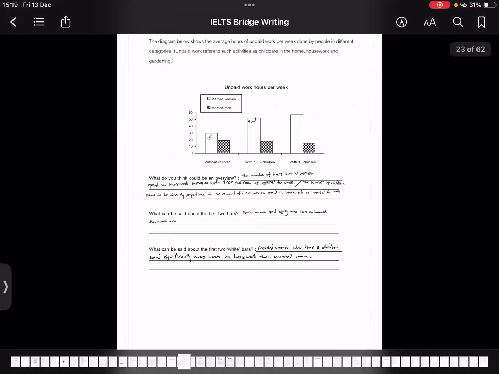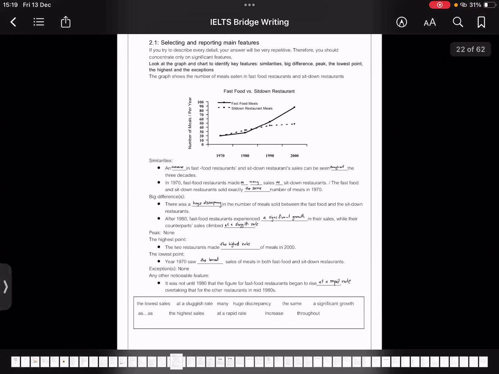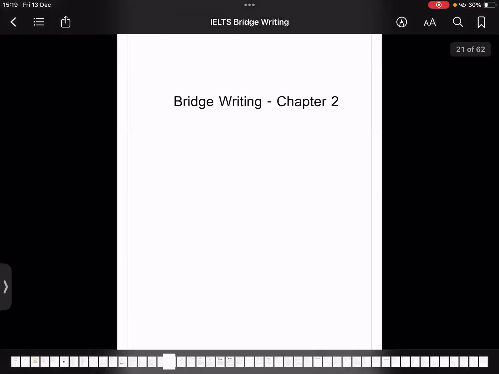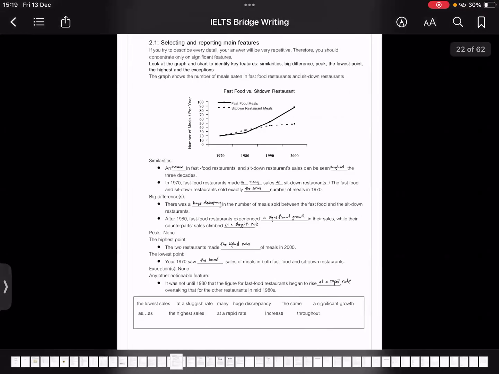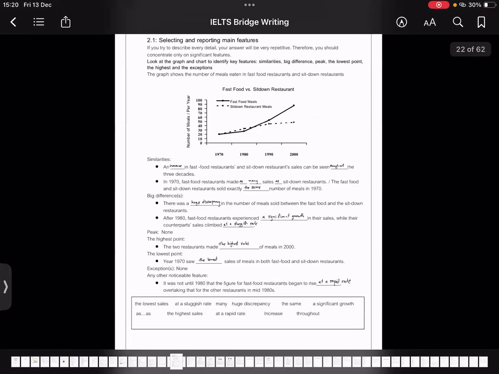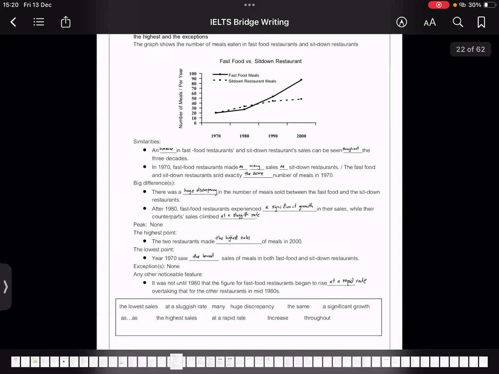Now, before we move on, I also like to show you another strategy, okay, to highlight key features, in case you guys don't want to follow this guideline. So let me just offer you an alternative to highlight the key features.